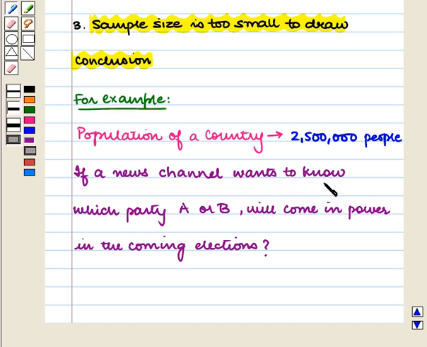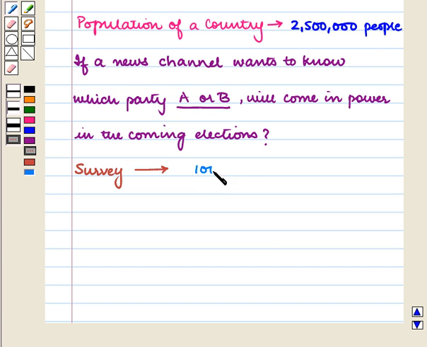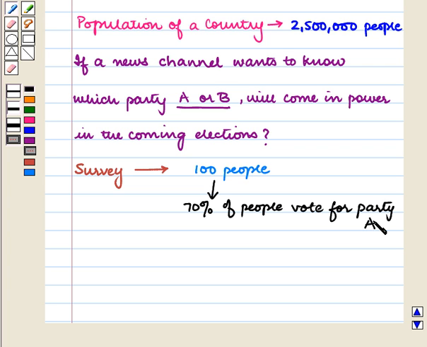If a news channel wants to know which party, A or B, will come in power in the coming elections, for this they survey 100 people and 70% of people vote for party A. And the news channel gives the news that in the coming elections party A will come to power.